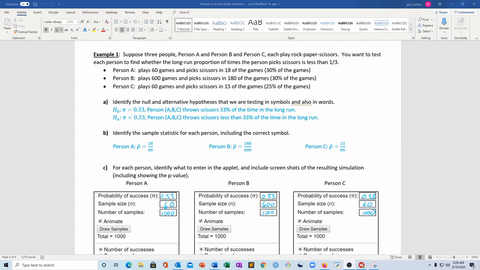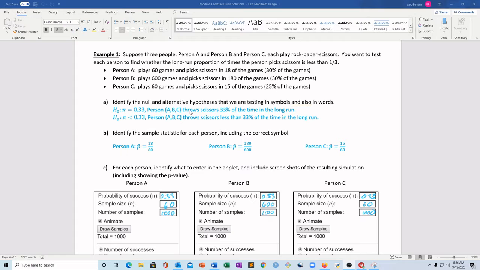So for some reason, do they not seem to be throwing scissors a third as much as we would think if they're just picking randomly? In A, it asks us to identify the null and alternative hypotheses for each person. For A, B, and C, the null hypothesis reads pi is 0.33, because that's 1/3.